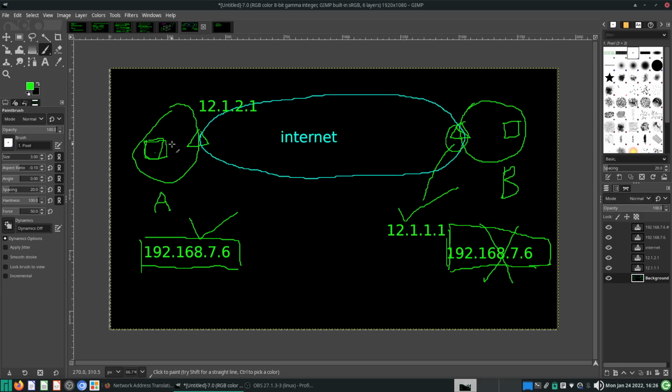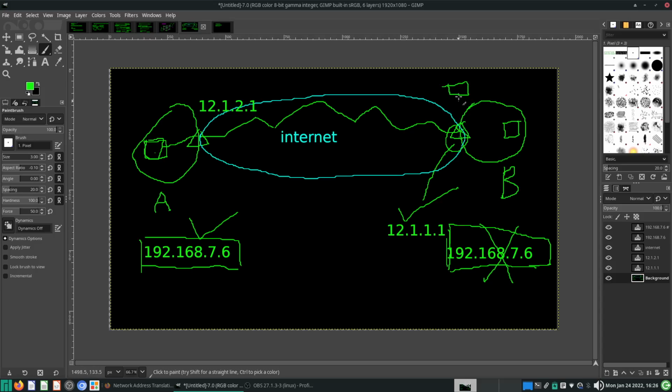As you know, routers always like to change the Ethernet frames, so they will zigzag through the internet until it reaches here. Let's say for the sake of example that part is done. Now this data packet arrives at the router.